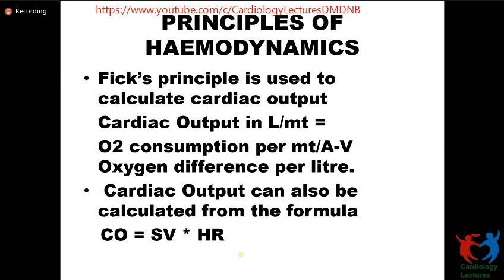It would be the volume ejected into the aorta plus the regurgitant volume. So where the valves are competent, cardiac output can easily be calculated from stroke volume into heart rate, and echocardiogram is probably the simplest and best method.